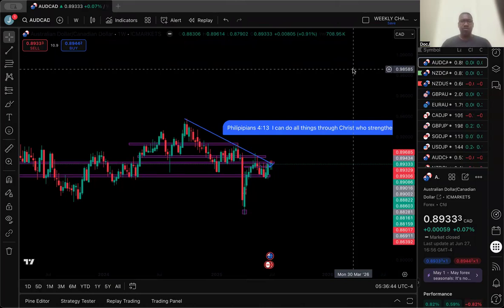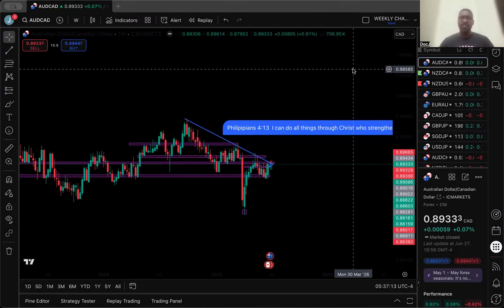A number of the pairs that I had broken down did exactly as I had predicted, especially the USD CHF. That was a massive trade. The EUR USD, massive as well. The USD CAD did what we wanted it to do, but it would have created a massive wick before selling off.